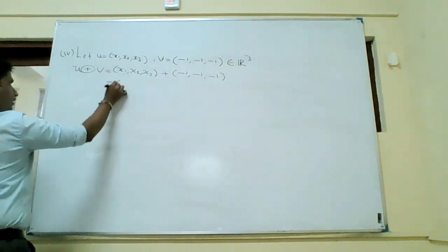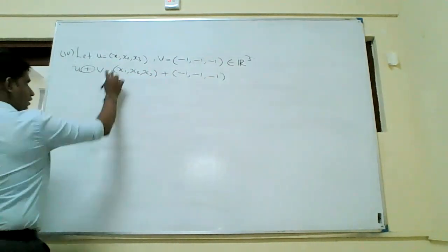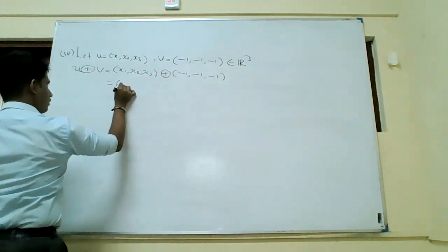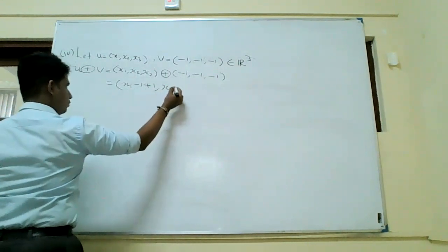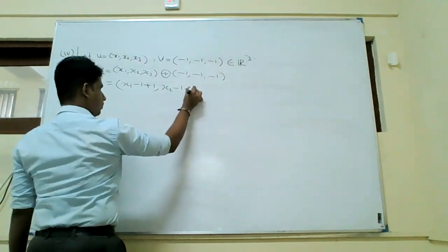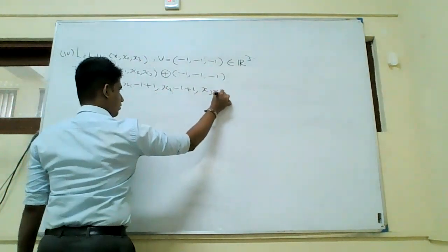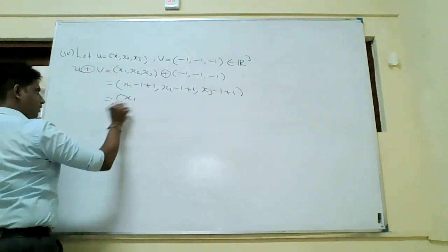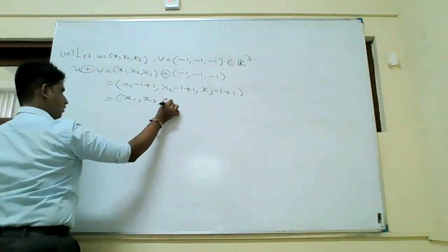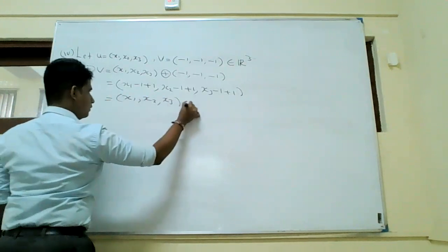Then you again get this value u, because it's vector addition. x1 minus 1 plus 1, x2 minus 1 plus 1, x3 minus 1 plus 1. Then you get x1, x2, x3. It is your u.